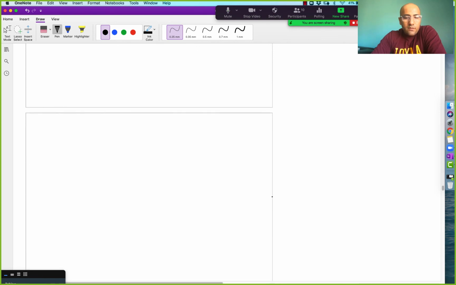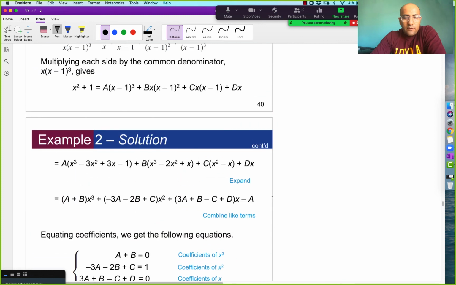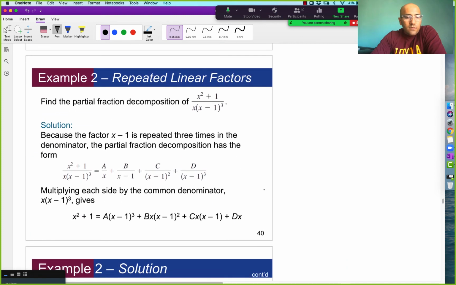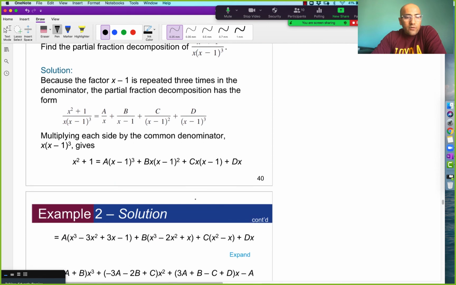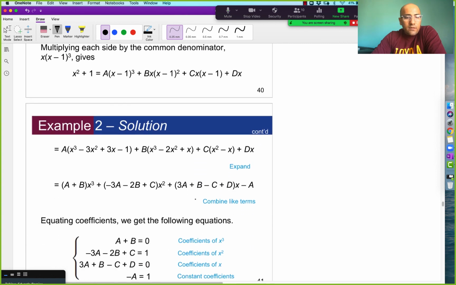Oh, a lot of space down here. All right, so your author broke it down again, same way, A, B, C, D. Notice that there's a separate fraction for each of the powers represented, starting at 1 and going up to 3. Multiply both sides by the denominator. You end up with this crazy ugly thing.